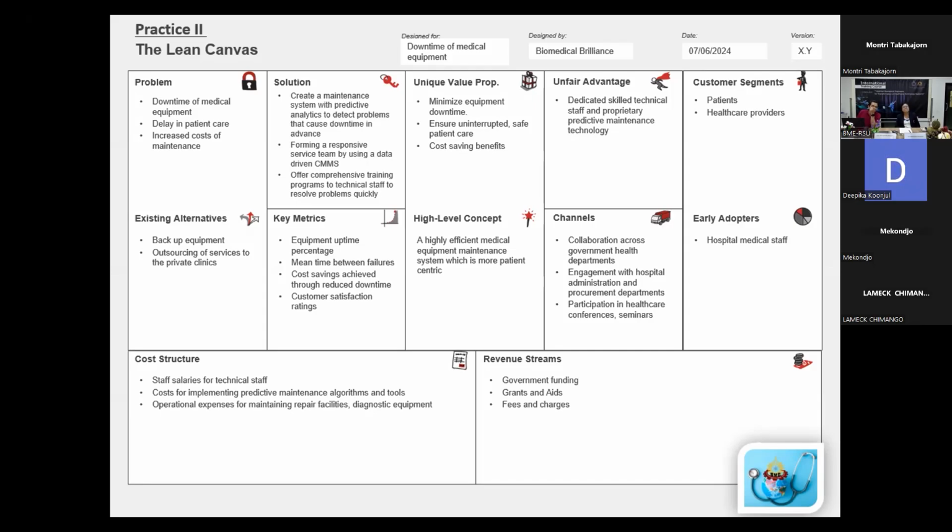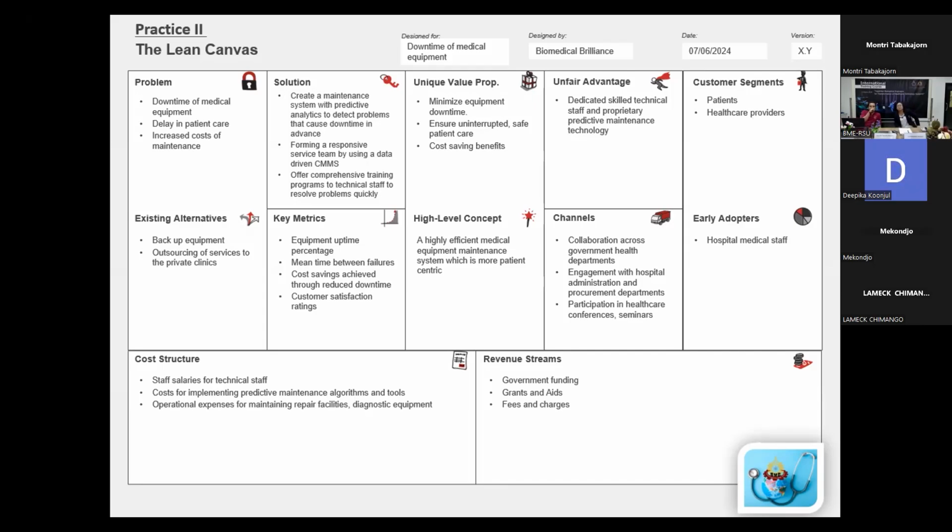The key metrics for measuring the success of our project are equipment uptime percentage, the mean time between failures, how much cost we have saved by reducing the downtime of equipment, and also customer satisfaction, the positive feedback that we receive from our customers.